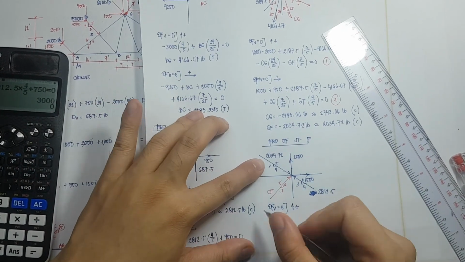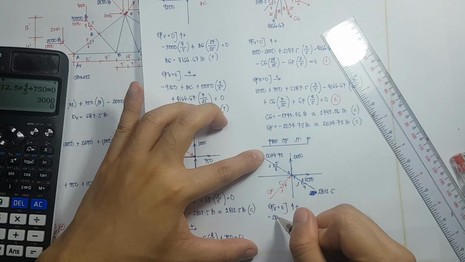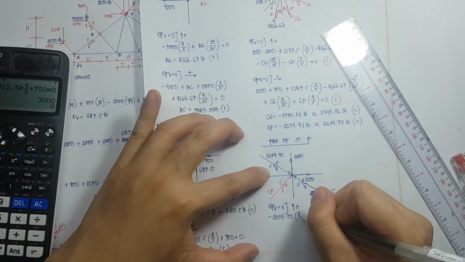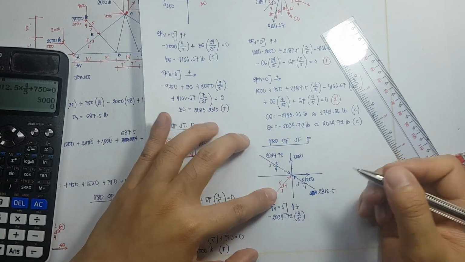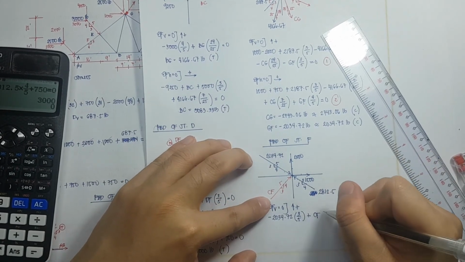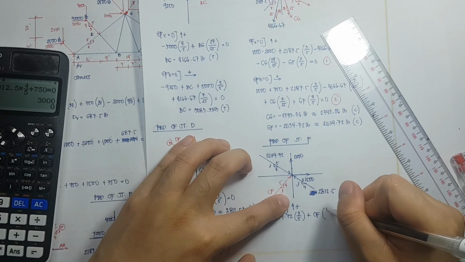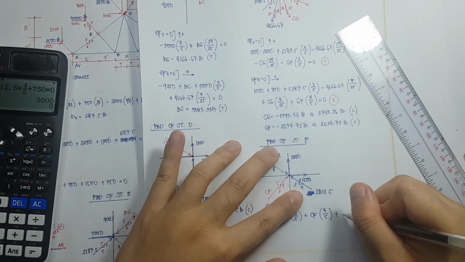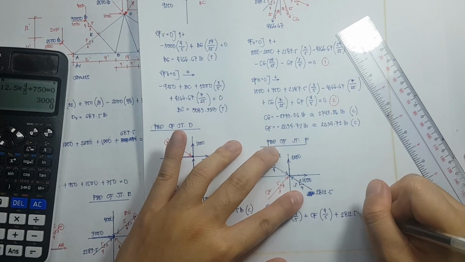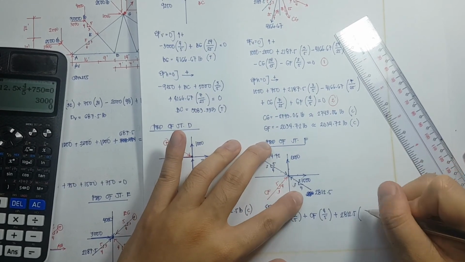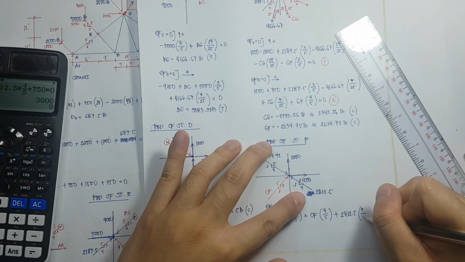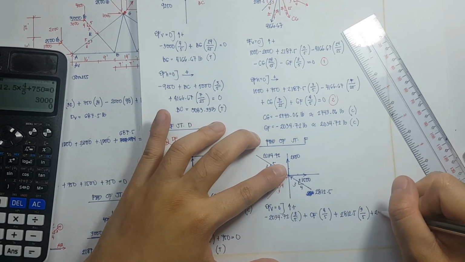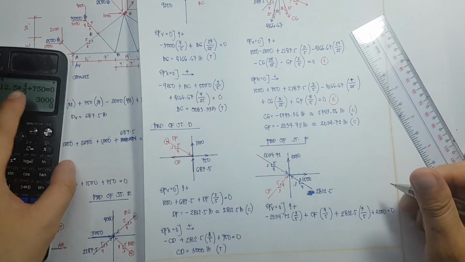So we have negative 2034.72 times the vertical component of the slope, which is 3 over the hypotenuse of 5, plus we have CF times the vertical component of the slope, which is 4 over 5, plus we have 2,812.5 times 3 over 5, plus 2,000, equate that to 0.